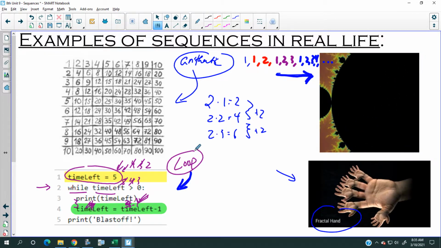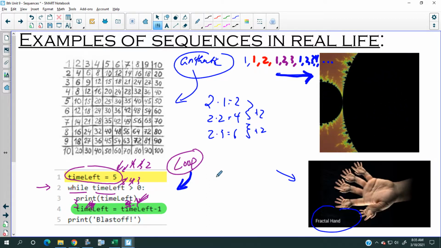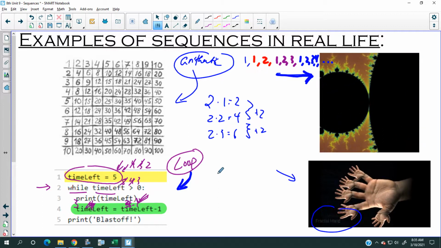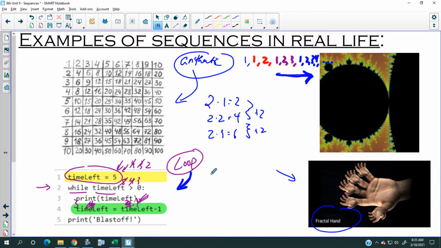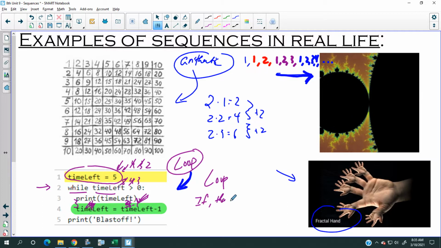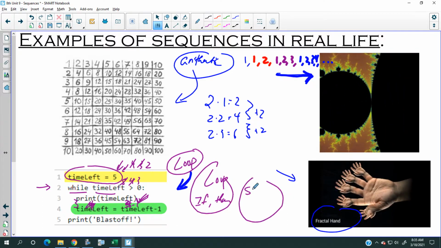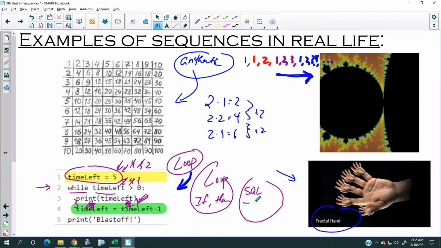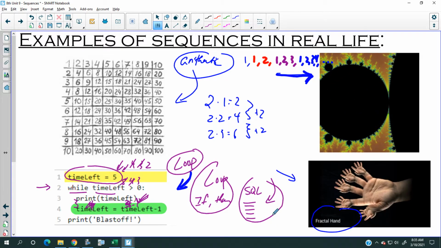But there are two main components, at least as far as I understand, which is not much, to computer programming. One is using loops and if-then statements. The second is using SQL, which I think stands for structured query language, which is how you store information in tables and then retrieve it when you need to.